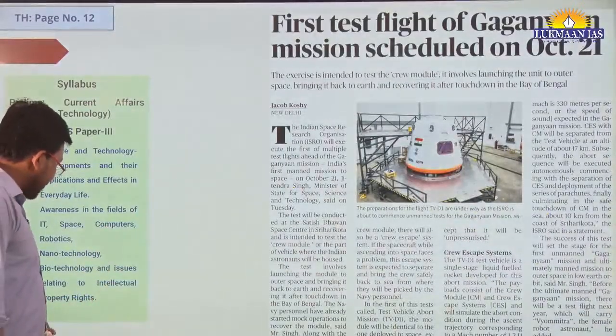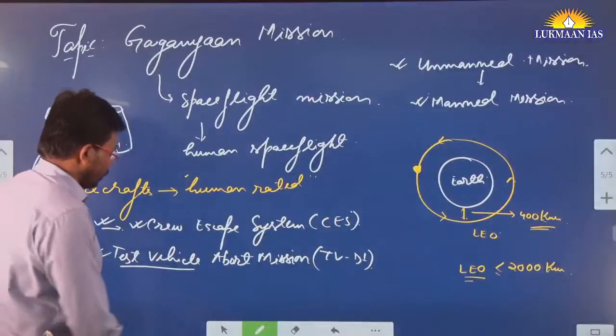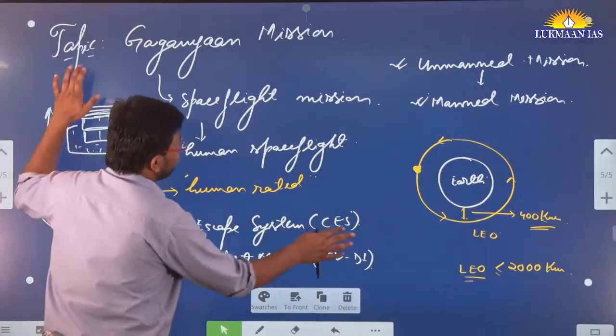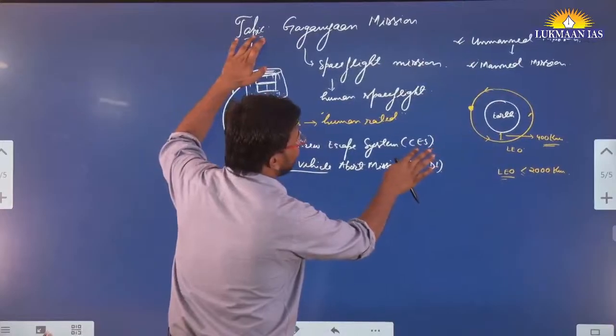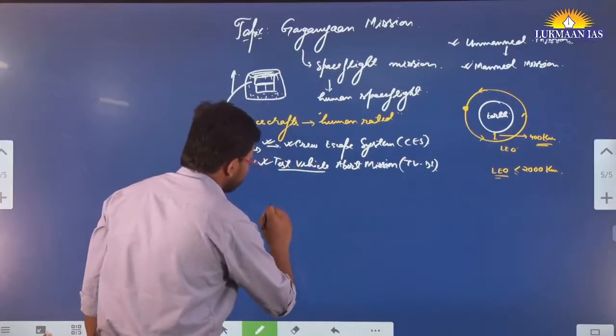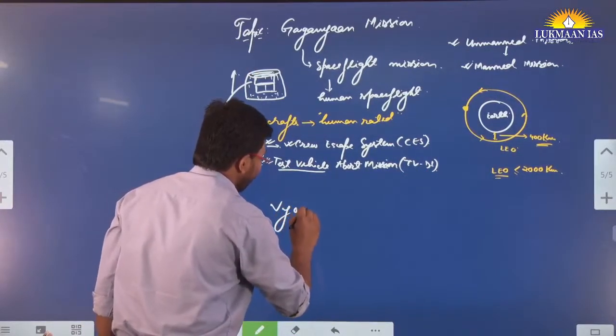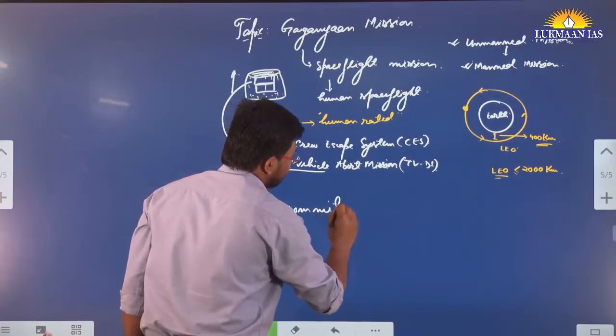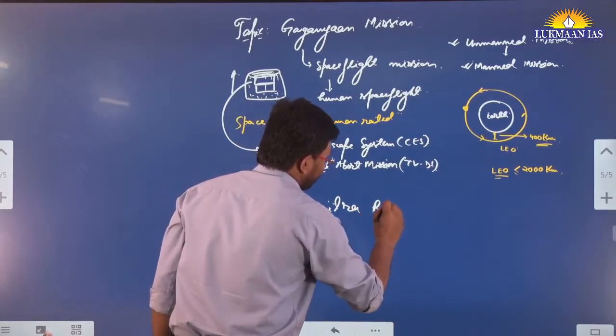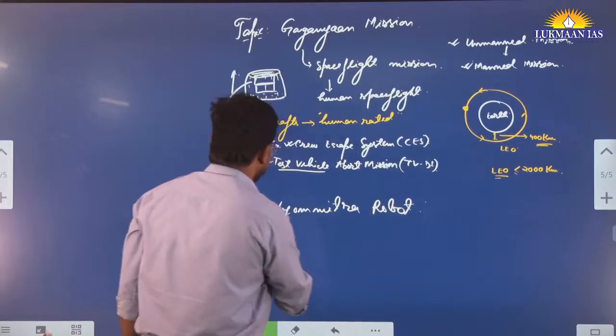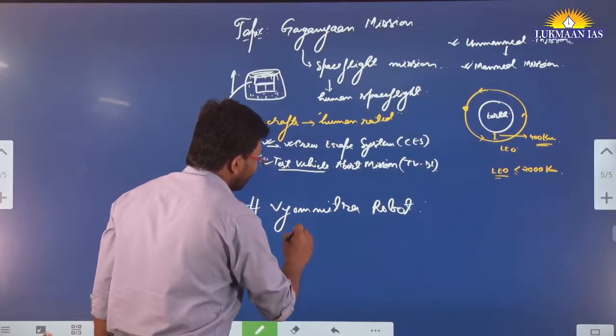In this article they have also mentioned one robot. This is known as Vyom Mitra robot. What is Vyom Mitra robot? It's a kind of humanoid robot.